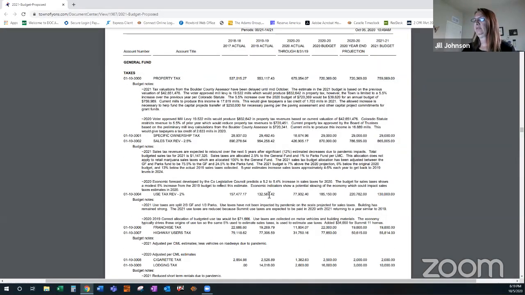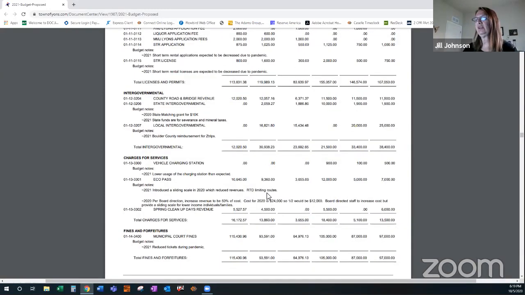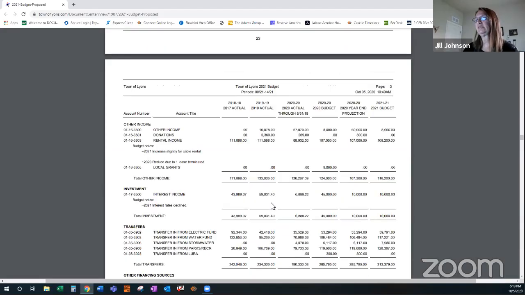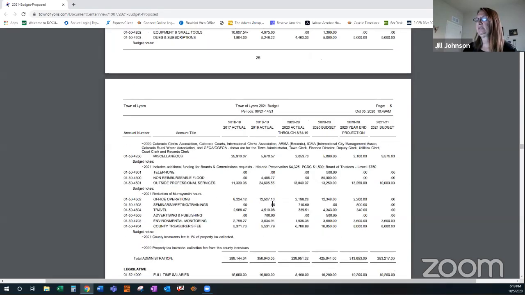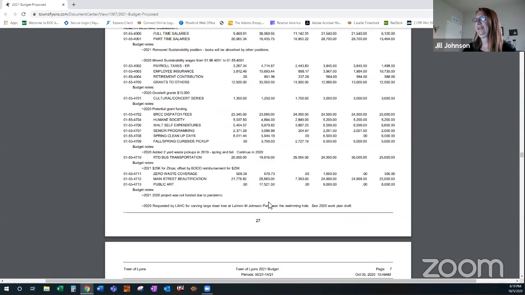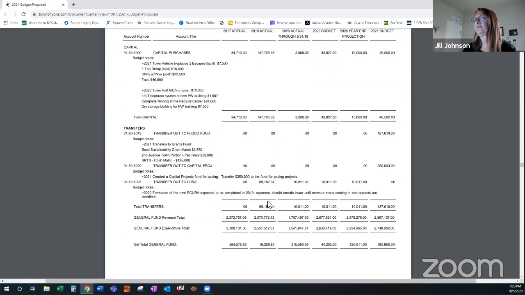I'm going to run through this really quickly. So it will go through each section of our accounts. Again, you have all of your revenues first, all of your expenses second, and at the end of each budget section, you will see a total.